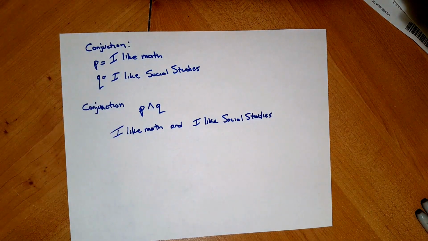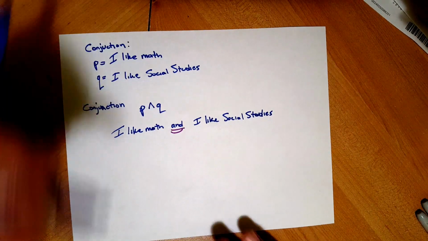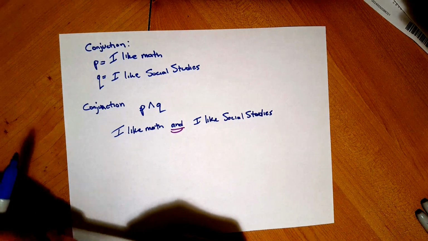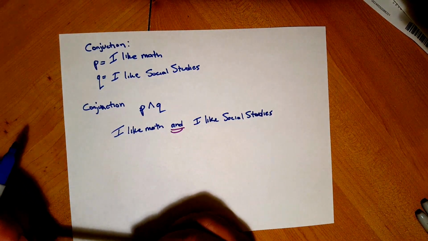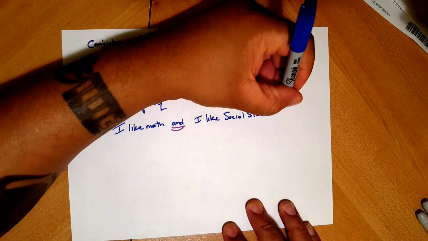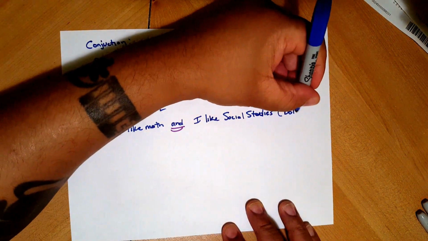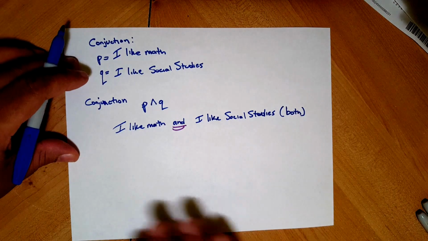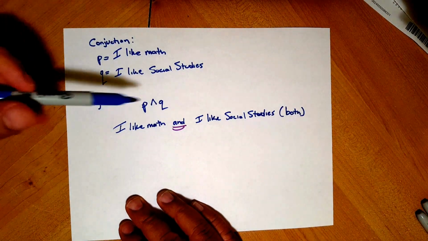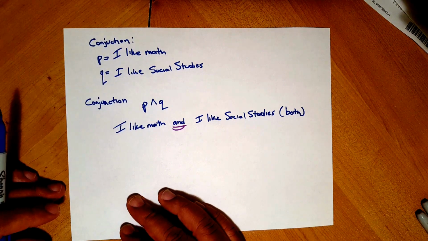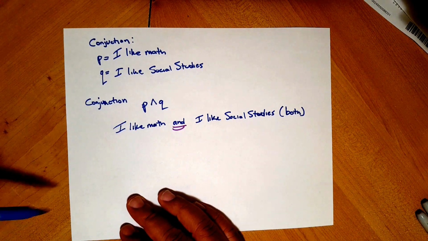If you were to ask me, do I like math? I would say yes. If you were to ask me if I like social studies, I would say yes. I like them both. Okay? So when we talk about a conjunction, we're saying that both of these things have to be true. Not just one of them, but both of them are true.